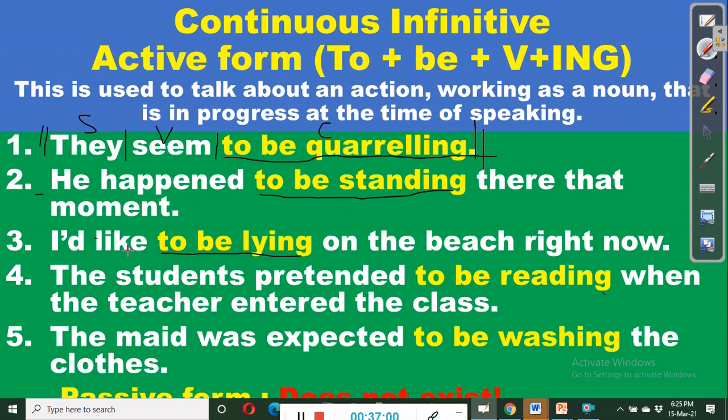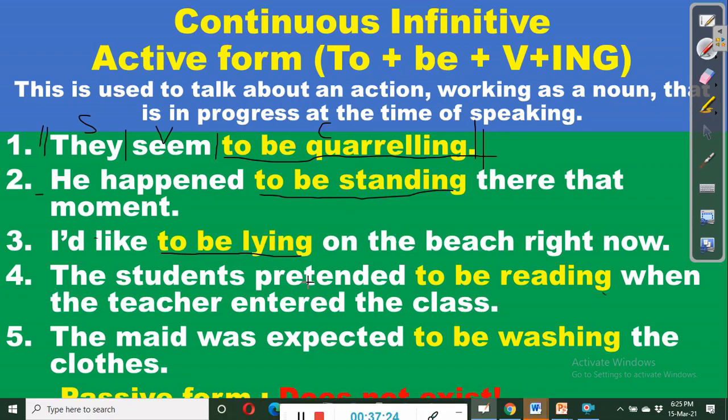If you say I'd like, someone will ask you, you would like what? So the fact that you have lying, which is a form of a verb, doesn't make it a verb. This actually is functioning as a noun. All right. I'd like to be lying on the beach right now.